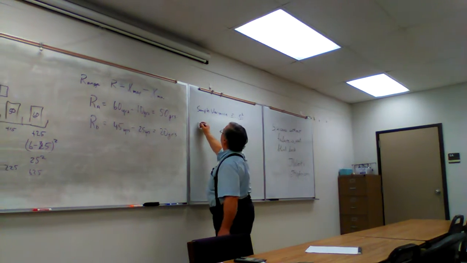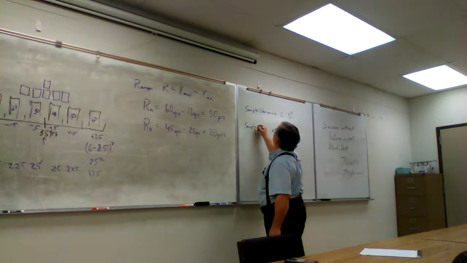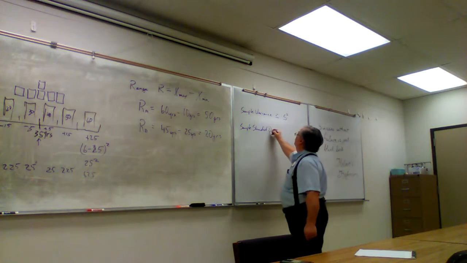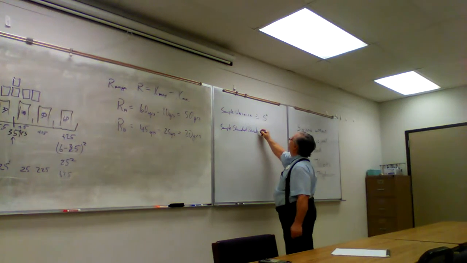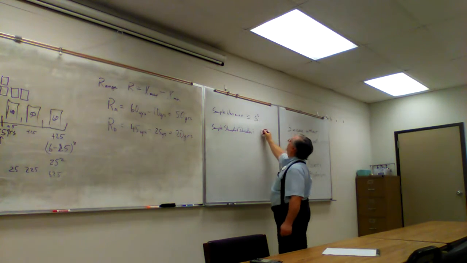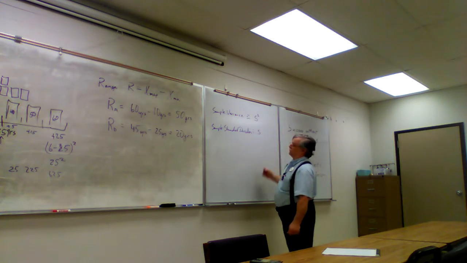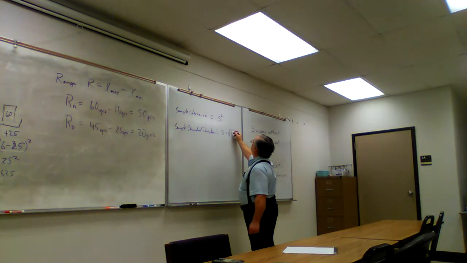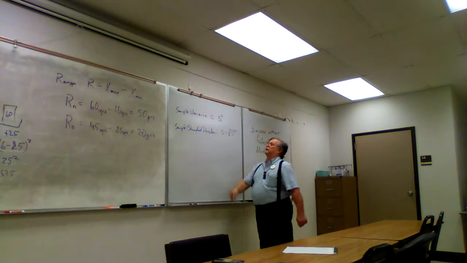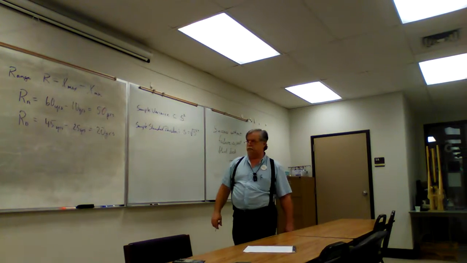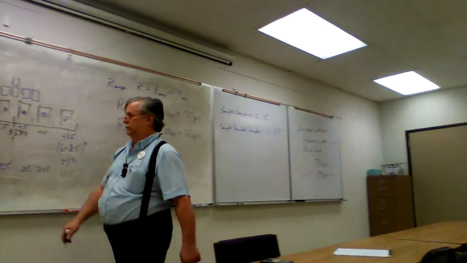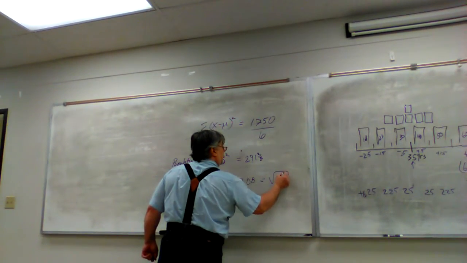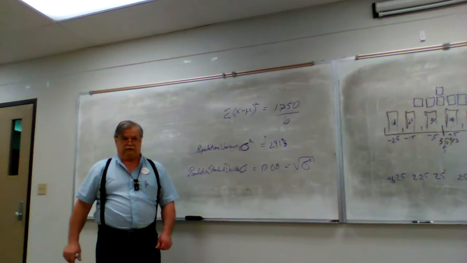And the sample standard deviation is denoted with just the lowercase Roman letter s, which is equal to the square root of the sample variance. Just like here. Sigma is equal to the square root of the population variance.